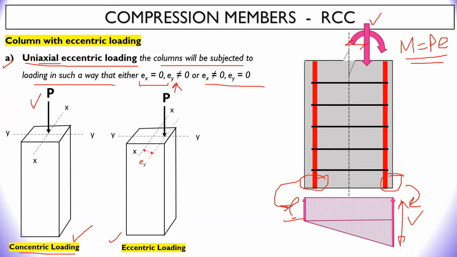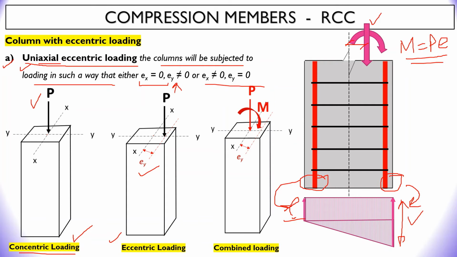Now here you can see easily that the load is placed away from the centroidal axis. This load has some eccentricity, acting along the y-axis with eccentricity ey. Accordingly, some moment will be acting and stresses will develop. This type of eccentrically loaded column is known as a uniaxially loaded column. You can see here it has eccentricity only with respect to one axis, but no eccentricity with respect to the other axis.